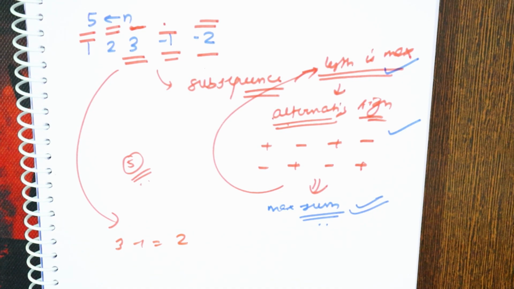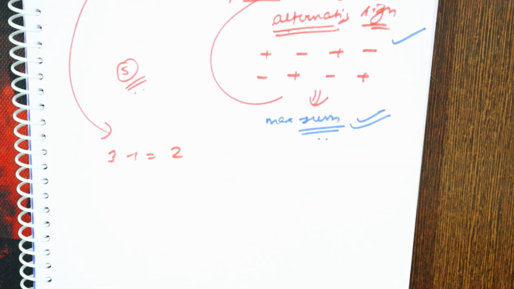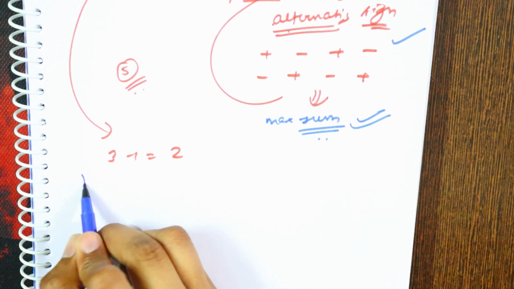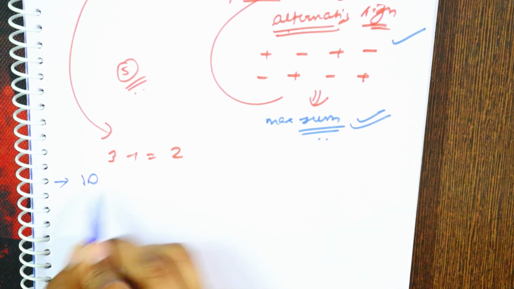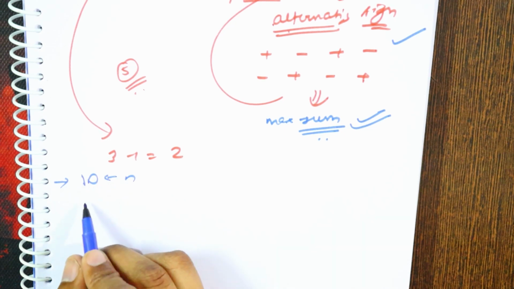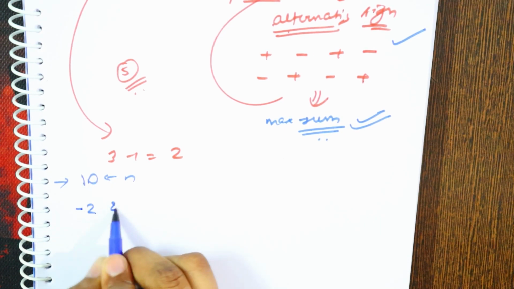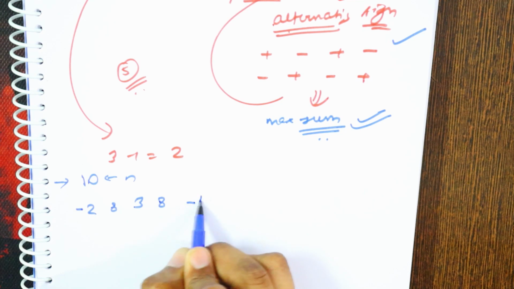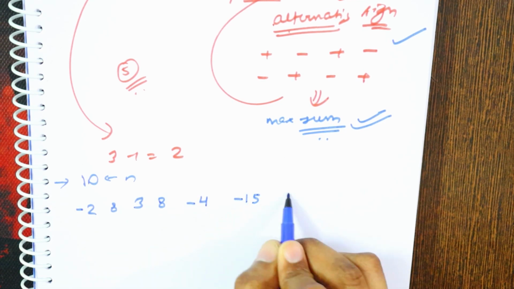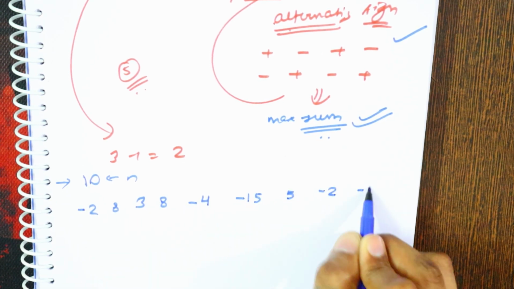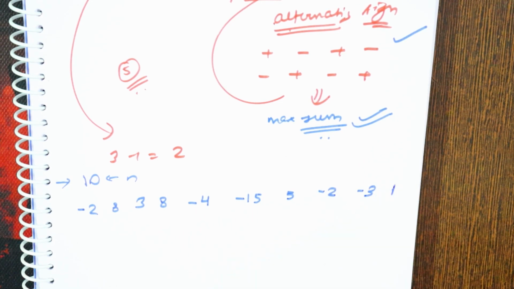Let's have a bigger example. It is n, then we will have n numbers: -2, 8, 3, 8, -4, -15, 5, -2, -3 and 1.